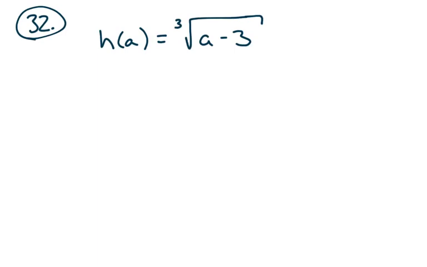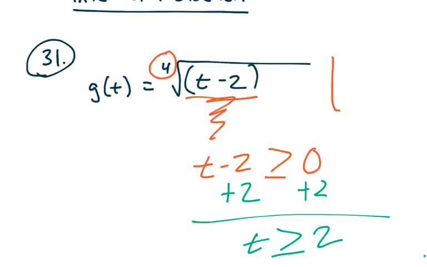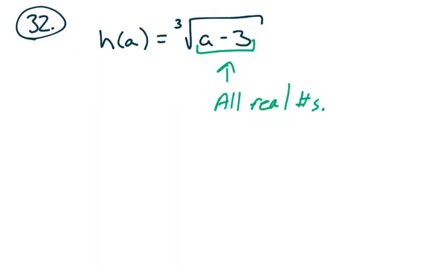In 32, let me give you a second to think about what you think the answer is, and hopefully you've thought about it and you're able to tell me. The answer to this one is, in fact, all real numbers. There's no stipulation. If you didn't think this originally, if you piggybacked off the last problem and tried to do the same sort of thing here, the reason that does not work on this one is because my index is odd.